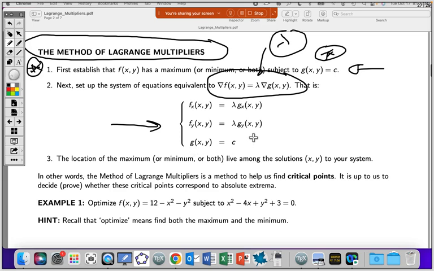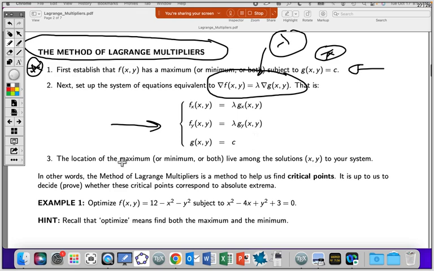So you've got 3 equations and 3 unknowns. What you've done, in order to avoid the calc 1 stuff on the boundary, where you take the function, reduce it to 1 dimension, and then do 1-dimensional calc on it, is now just do higher dimensional algebra. So there's always this trade-off in math, right? You're going to do less calculus with this method, but you're going to do more algebra.